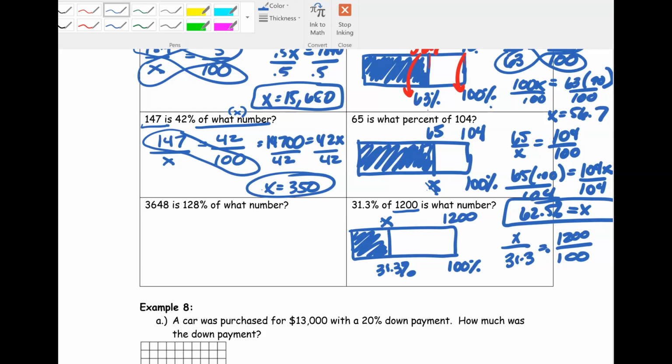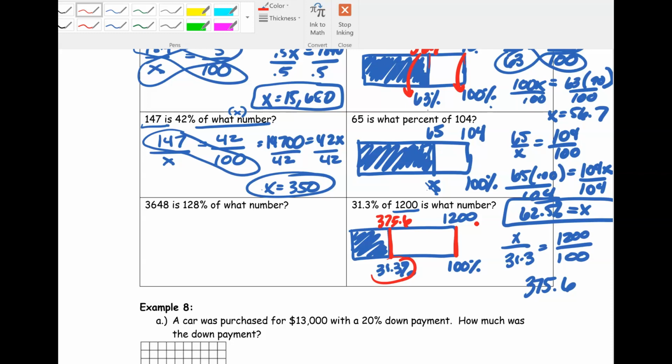And then you cross multiply, and then you get 375.6. And then we can write that number right on top instead of x, 375.6, and ask yourself, does that make sense? Does 375.6 seem about a third of 1200? And it does. A third of 1200 would be 400. So that's a good way to just eyeball your answer.